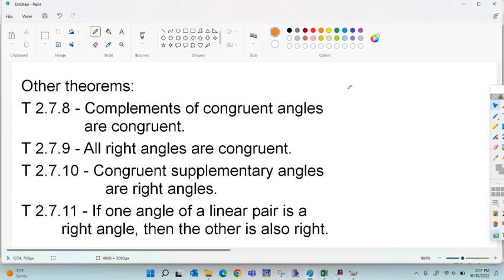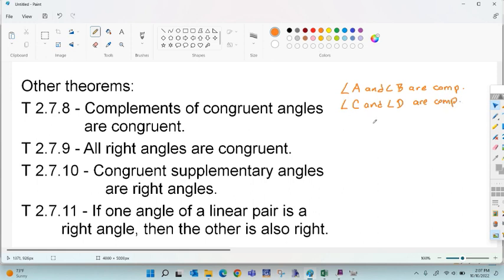So let's say that angle A and angle B are complementary. Complementary means that you could add them up to be 90 degrees. Angle C and angle D are complementary.